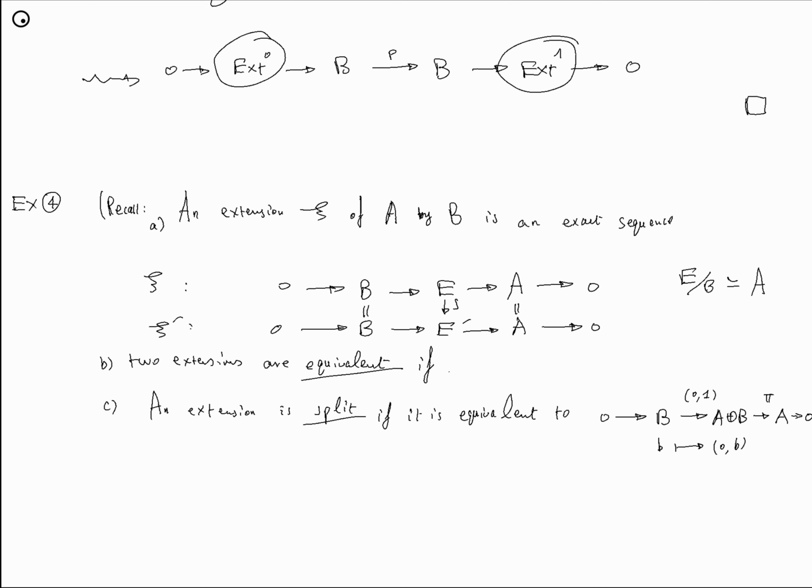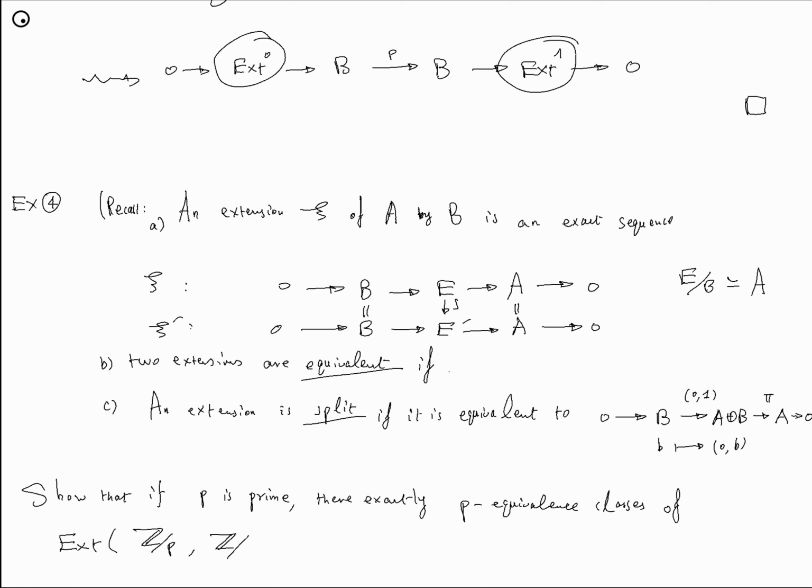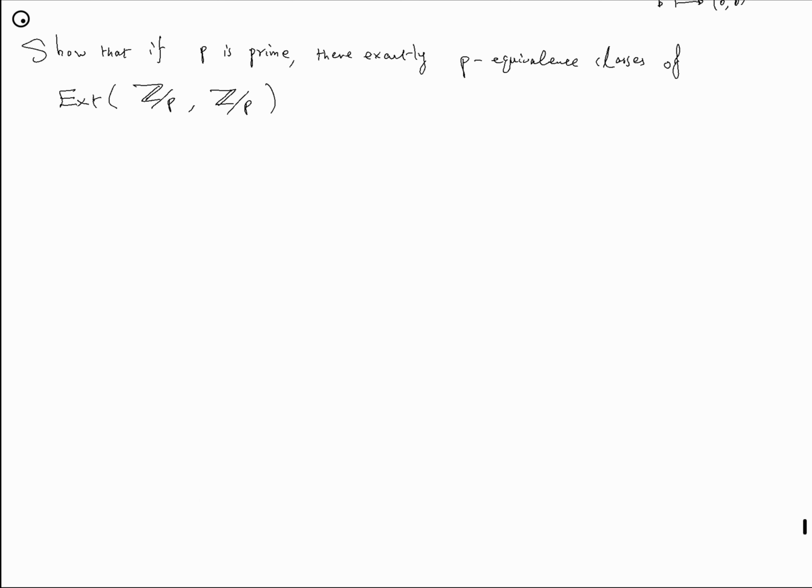Okay. Now the exercise is to show that if P is prime, then there are exactly P equivalence classes of extensions of Z mod P by Z mod P. I'm not requiring that they are isomorphic.